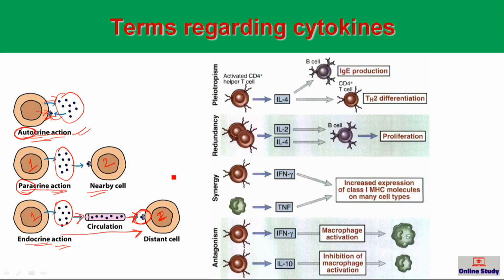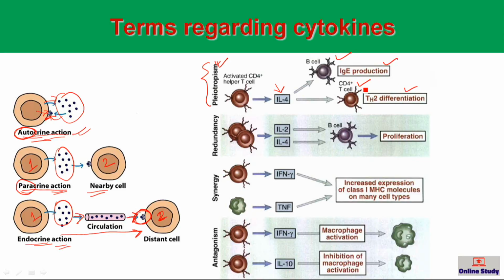And some other action is called pleiotropism. Pleiotropism is an action when one cell produces a definite cytokine and this cytokine acts on different types of cells for different functions.